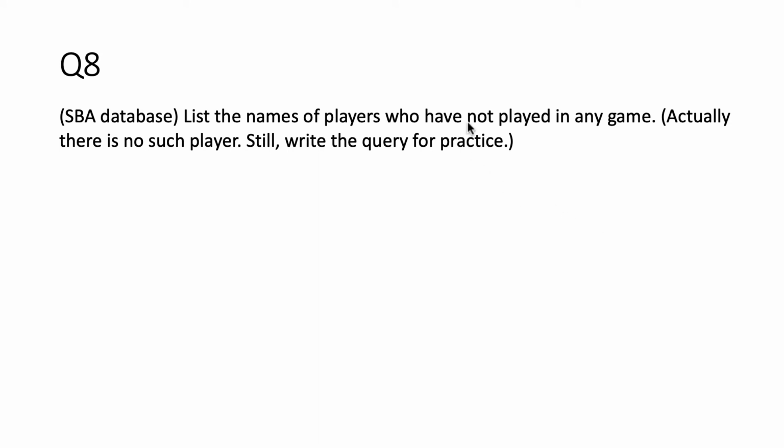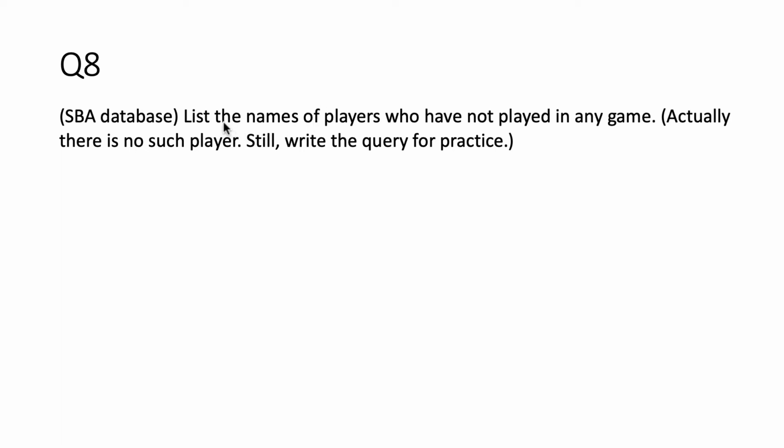But what I said is not exactly correct, because to answer this question we can just look at the players table and the participations table. The games table is not really required, because participation tells you which games a player played in.